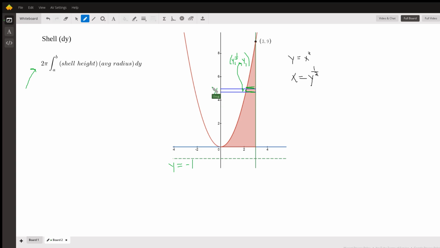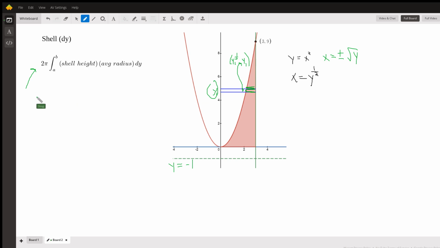Okay, so for each of these y sub 1's from 0 up to 9, if we want to get the x distance in terms of y, we have to take the square root of both sides. So normally we would say x equals plus or minus the square root of y. But we're dealing with the positive distance right here. So this little green distance right here is 3 minus y to the 1/2 for every y between 0 and 9.